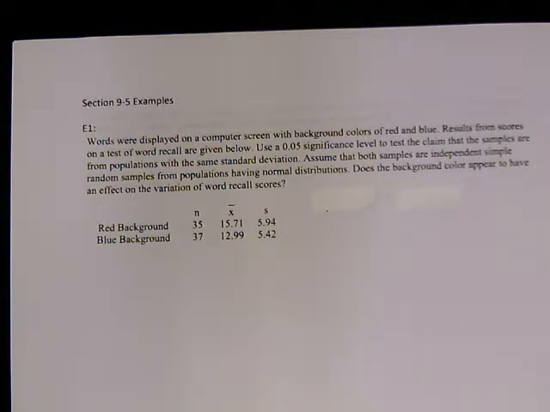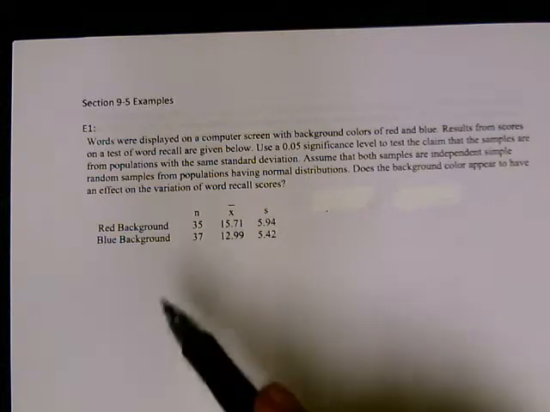Results from scores on a test of word recall are given below. Use a 0.5 significance level to test the claim that the samples are from populations with the same standard deviation. Assume that both samples are independent, simple random samples from populations having normal distributions. Does the background color appear to have an effect on the variation of word recall scores?